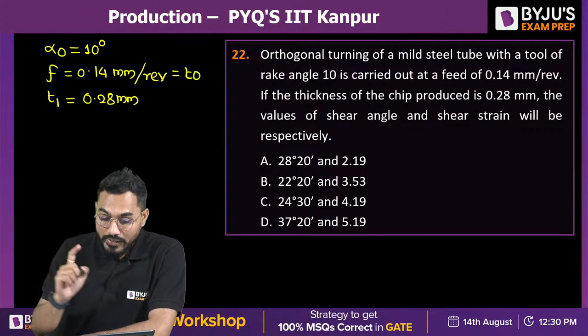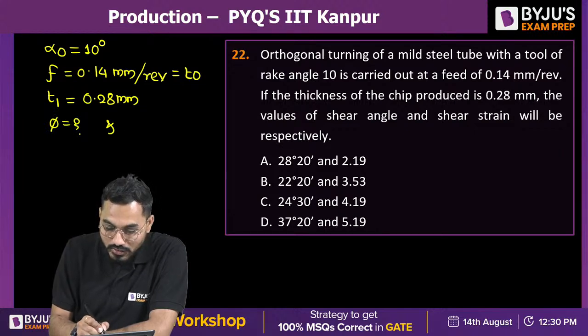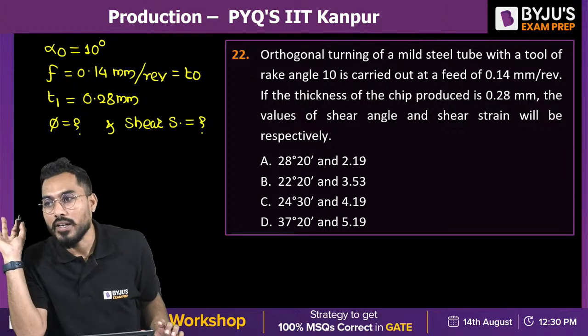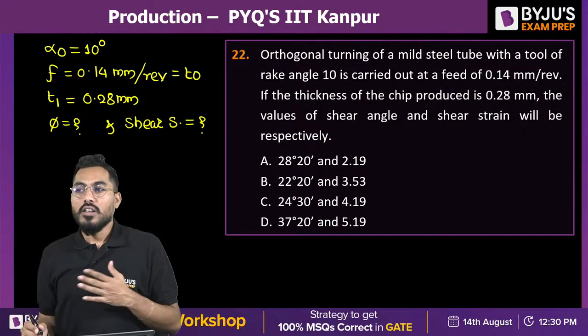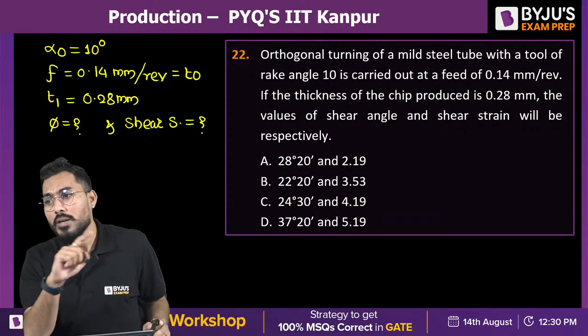We are interested in calculating the shear plane angle phi and the shear strain. I hope you understand all the concepts and fundamentals. If I ask you to calculate the phi value, that is nothing but the shear plane angle phi.